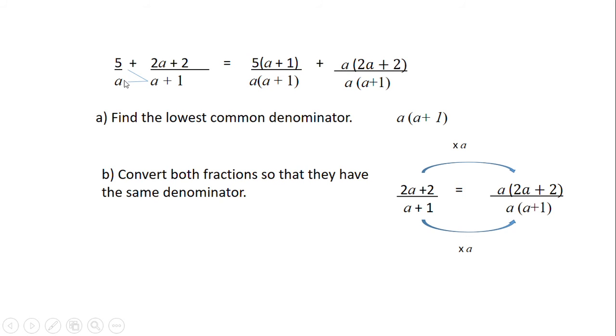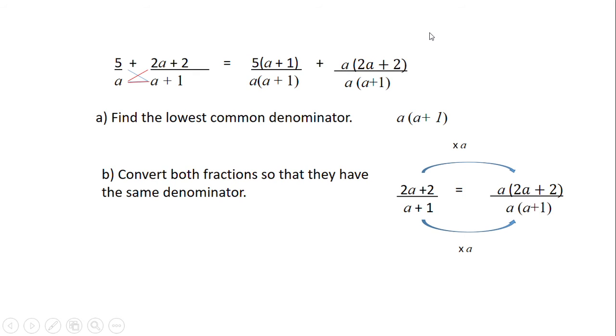You'll notice again what I've done is I've taken 5 over a and I've multiplied both of those by a plus 1. So 5 over a became 5 times a plus 1 over a times a plus 1. And all I've done to these two fractions is I've multiplied them both by a to get this. Okay, now I have the same denominators.